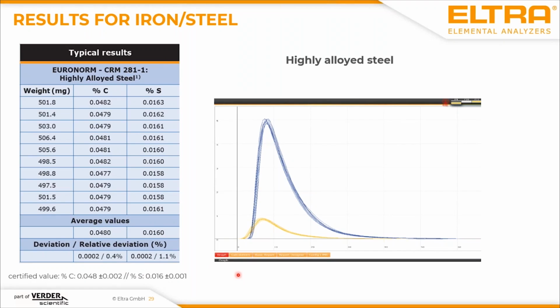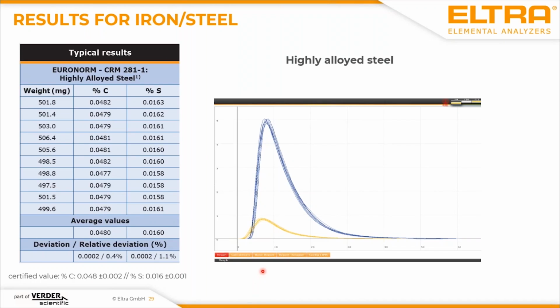With such results, it is possible to produce good steel, typically highly alloyed steels are used there as well in additive manufacturing, and to gain the quality your customers ask you for.